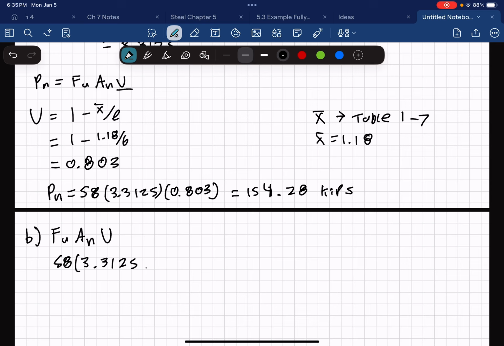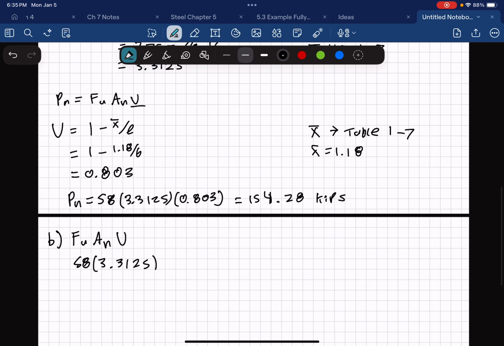Case 8, with 3 fasteners per line in the direction of loading. With less than 3 fasteners, you have to use case 2, but that's not what we have here. U is equal to 0.60.